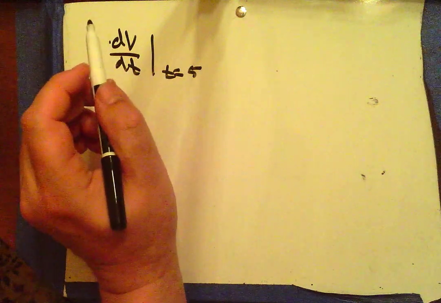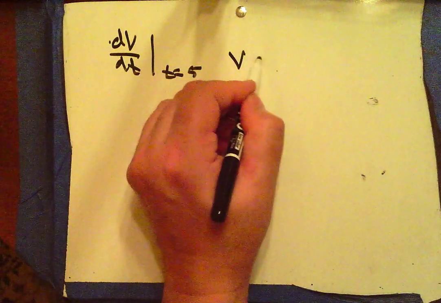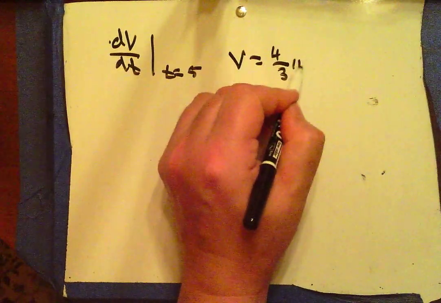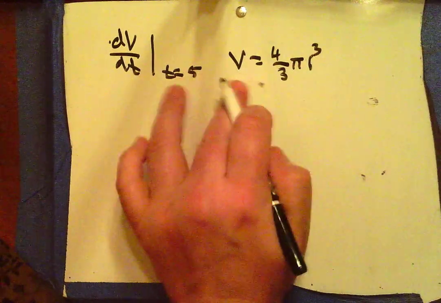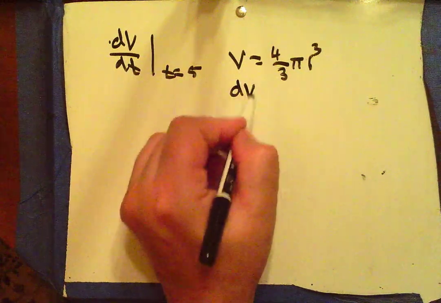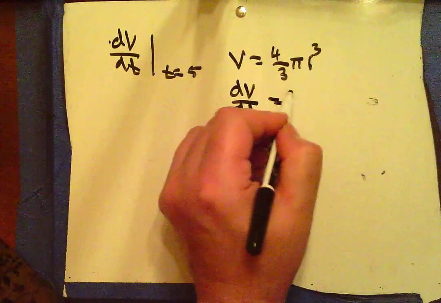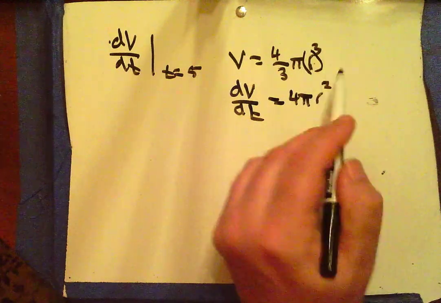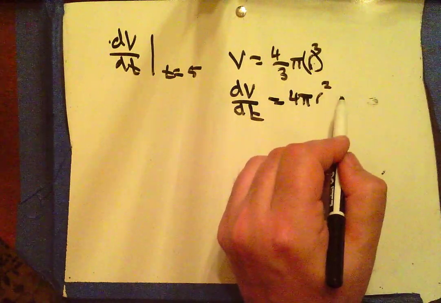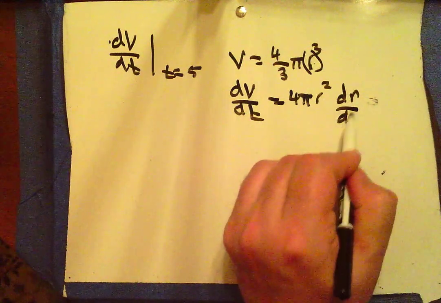Indicate units of measure. All right. So we know V equals 4/3 pi r cubed, and so dV/dt equals 4 pi r squared. Don't forget to take the derivative of that inside r function with respect to time.